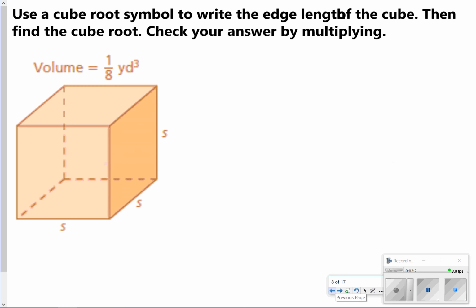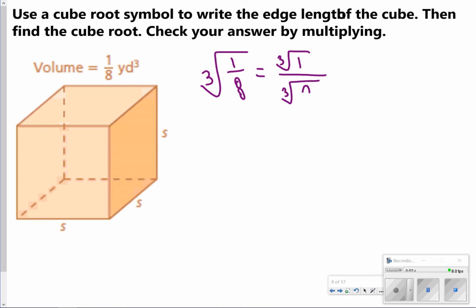Here's another option we're going to be looking at too. Remember last time in lesson 14.1 we looked at different fractions and found the square root of fractions. We're doing the same thing here. We're trying to find the cube root of 1/8. Remember, if you're trying to find the cube root of 1/8, you can also take those two numbers individually and find the cube root of 1 over the cube root of 8, and then find your fraction as an answer in simplest form.